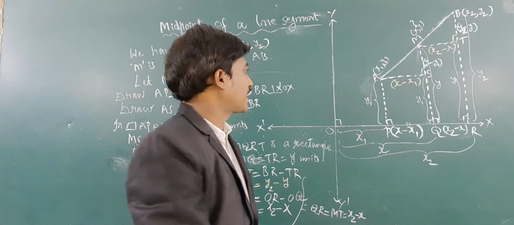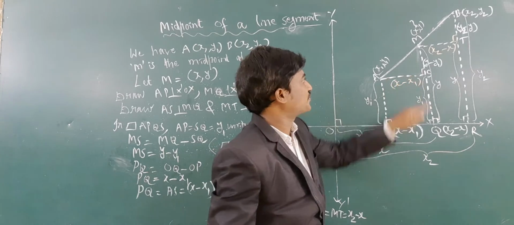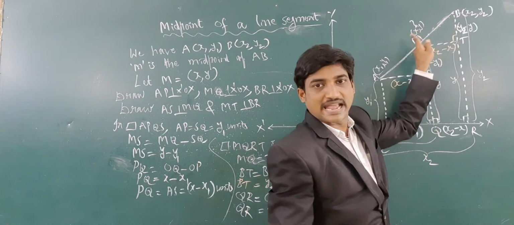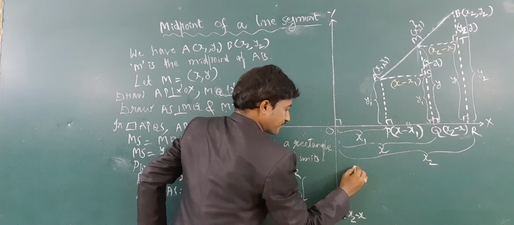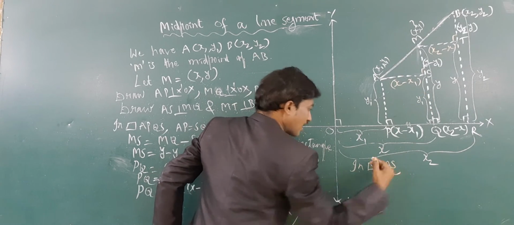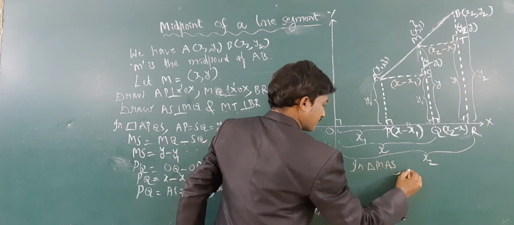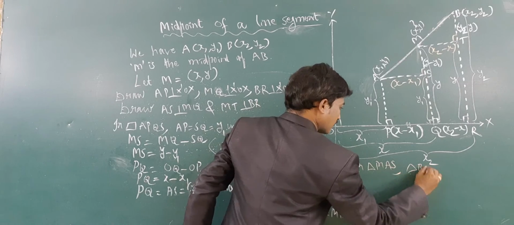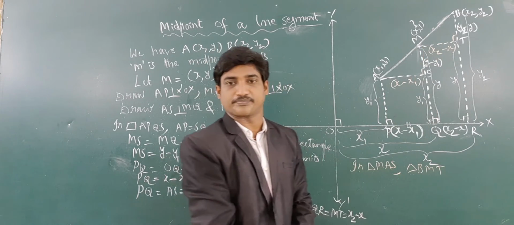Now let us compare triangles MAS and BMT. In triangle MAS and in triangle BMT.